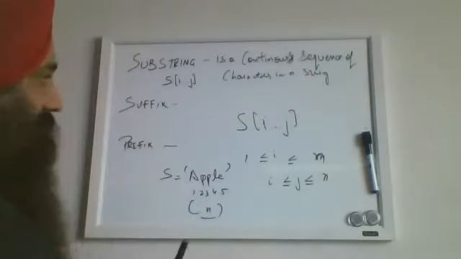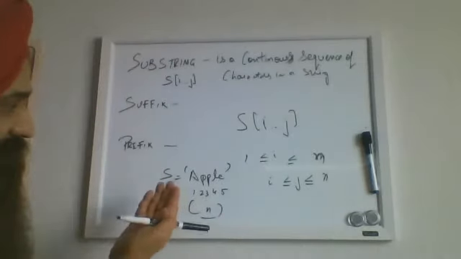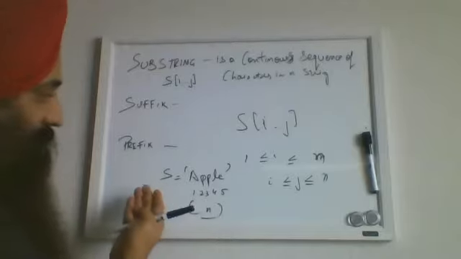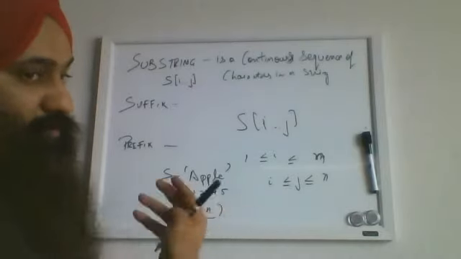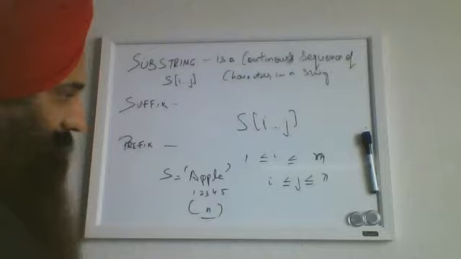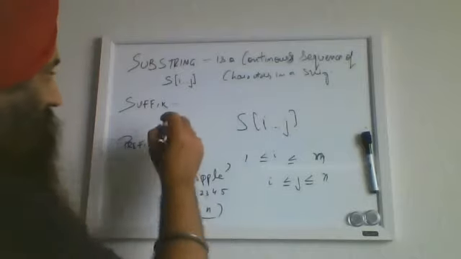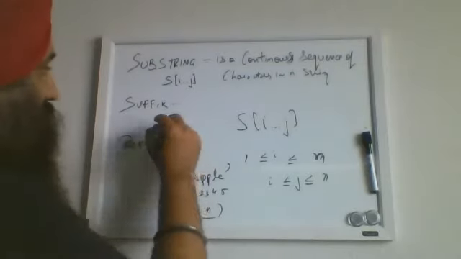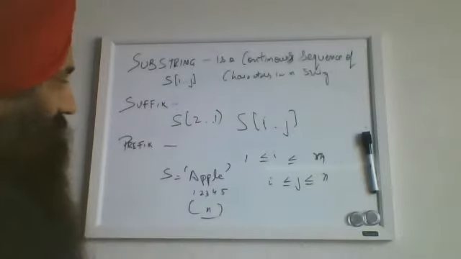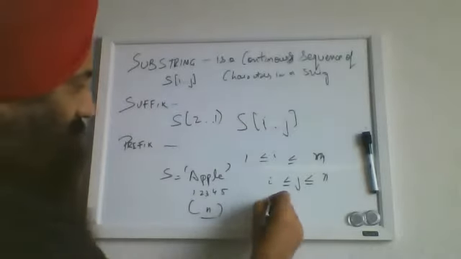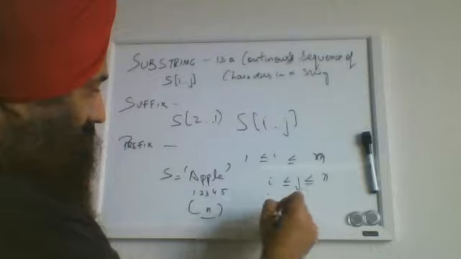So basically, when you're trying to make a substring out of a string, you move from left to right, and you pick up alphabets in continuous order. You don't skip anything, right? So in this regard, if anybody asks what is a substring of S 2 to 1, see this condition, j becomes false.